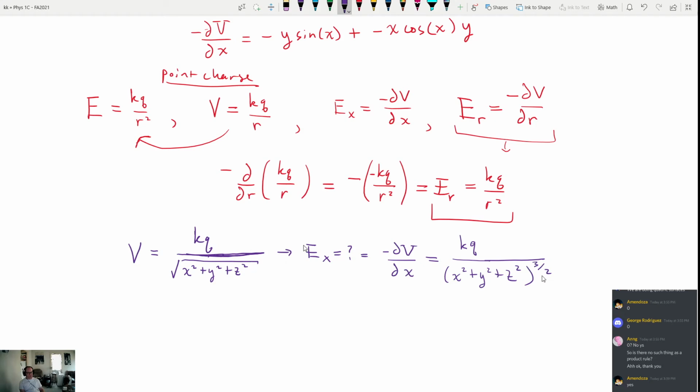So we go from -1/2 to -3/2 in the denominator. We also have to multiply by the derivative of the inside, which is 2x, and we have to drop a minus sign on there. Oh, but wait, I left something out. I also have to multiply by the power, so I have to multiply all of this times -1/2. So there's a negative sign here, but we also have to multiply by -1/2 from the derivative.